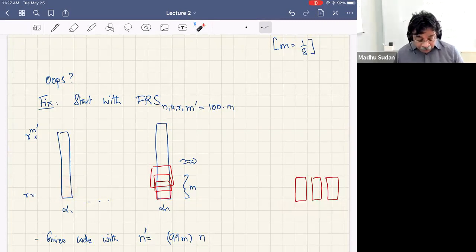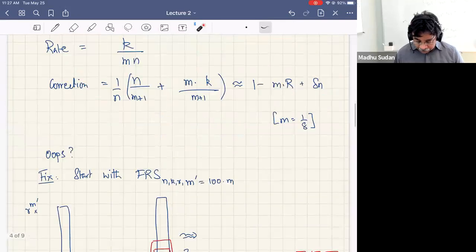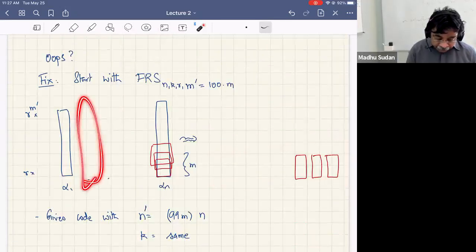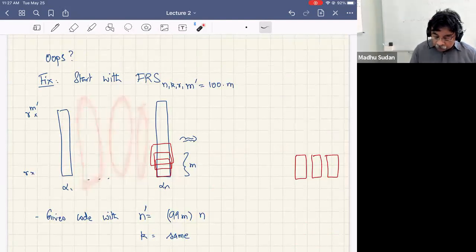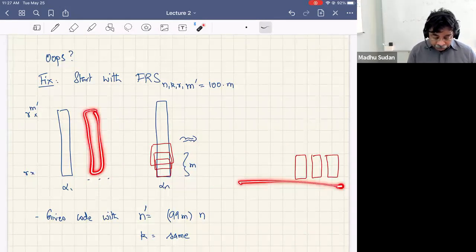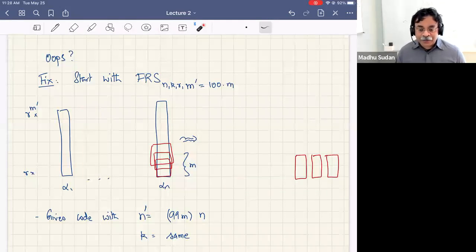And now I'll just apply my lemma to this sequence that has been obtained this way. Now, if epsilon fraction of these symbols are in error, how much fraction of these symbols are in error? Still exactly epsilon. As a fraction, nothing has changed. One error here will translate to 99 m errors there, but the length of this whole thing was 99 m larger. 99 m plus 1, yes, you can get one more symbol.